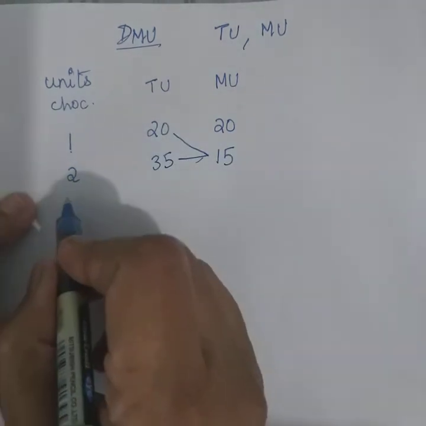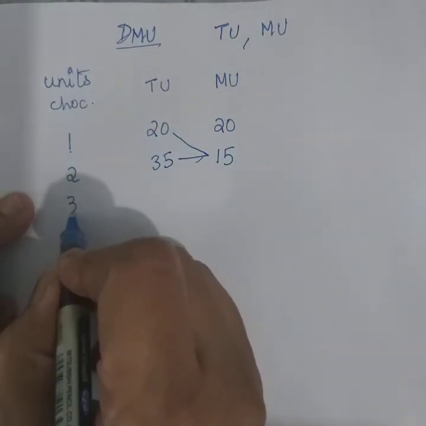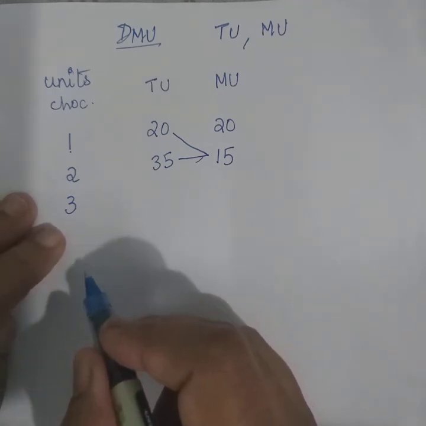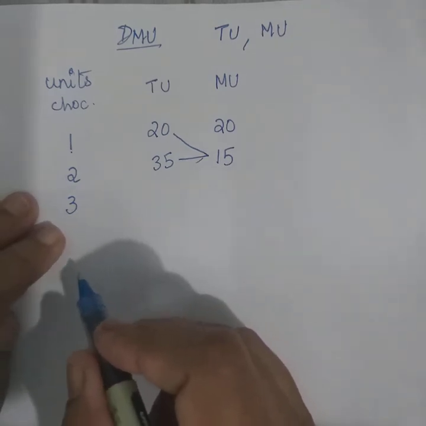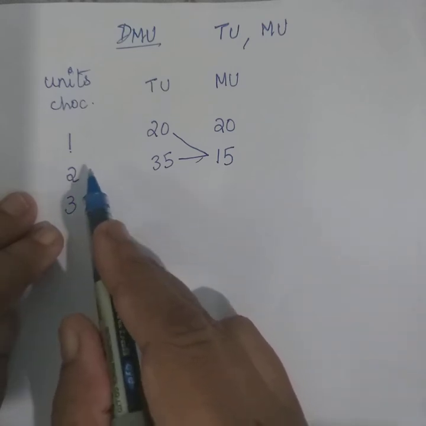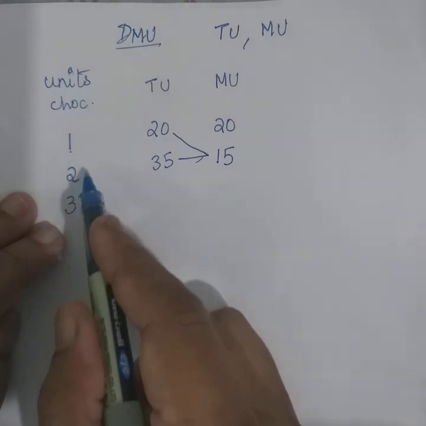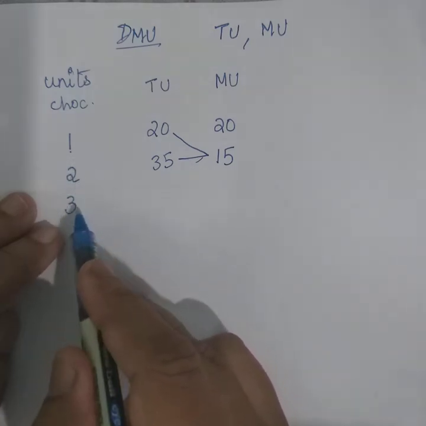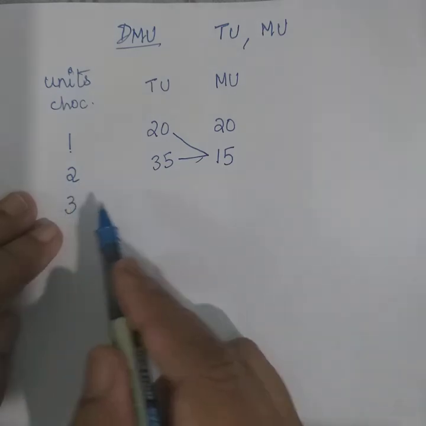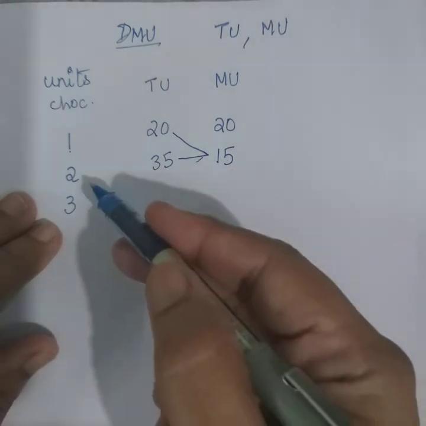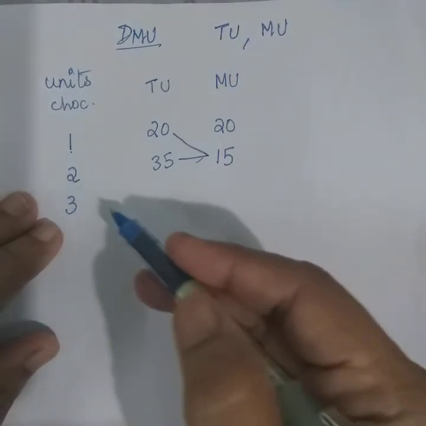Then, as the consumer moves on to the third unit of chocolate, that still gives him lesser additional utility. See, the units of chocolate are increasing: 1, 2, 3. Even as the consumer consumes more, the utility derived from each successive unit diminishes.